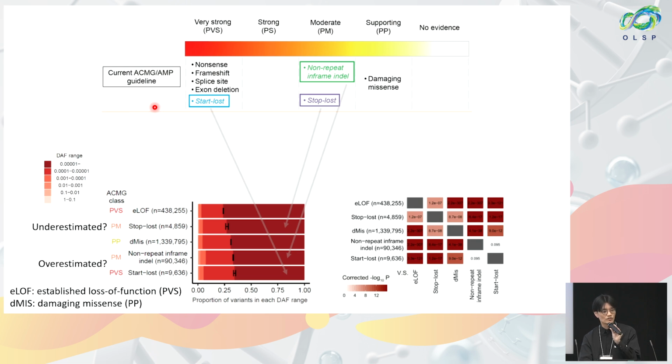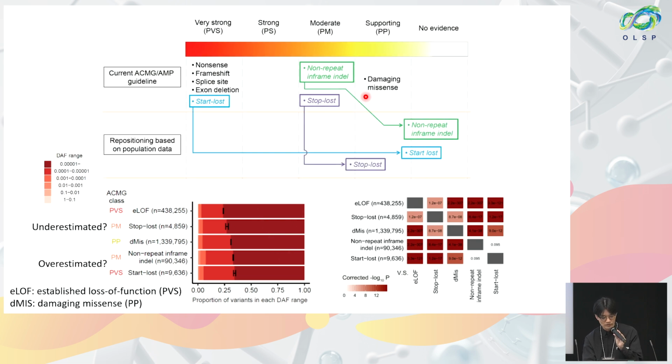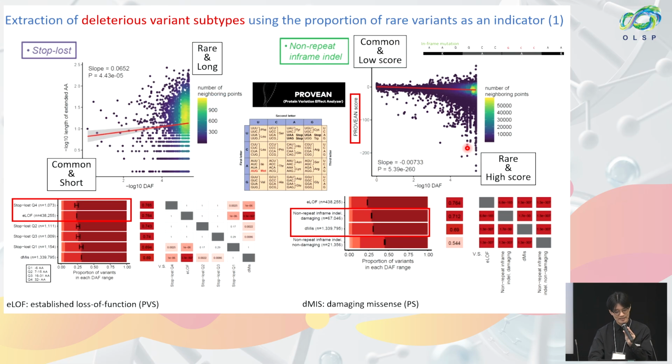So we proposed this kind of repositioning of these types of variants. But only criticizing the existing framework may not be very productive. So we attempted to extract the deleterious variant subtypes using the proportion of rare variants as an indicator.